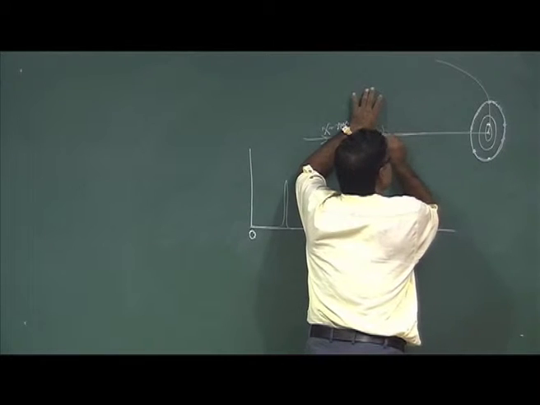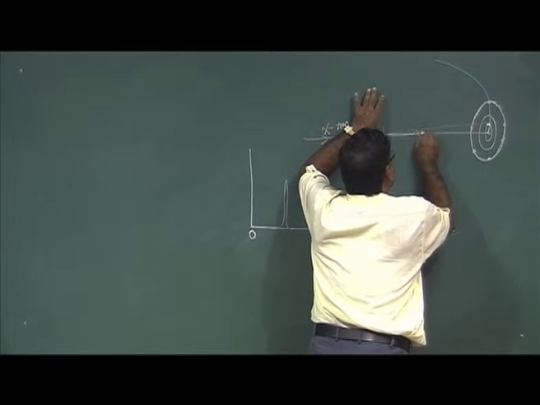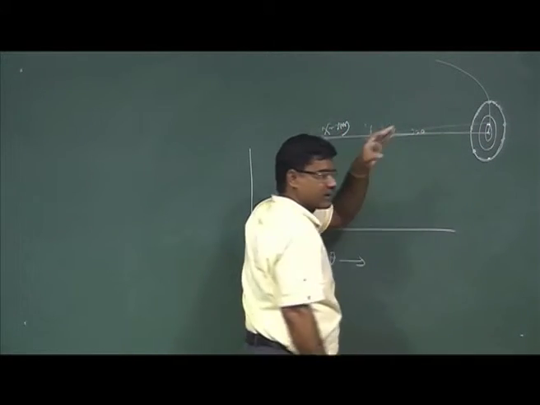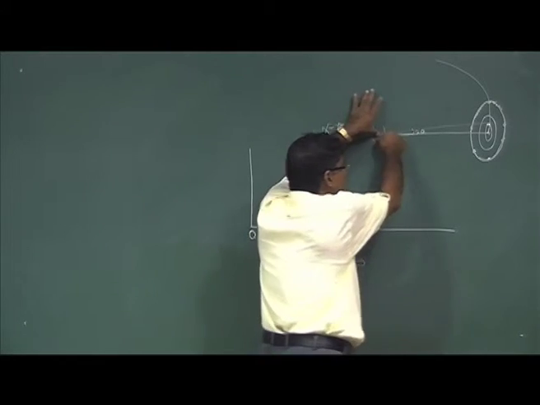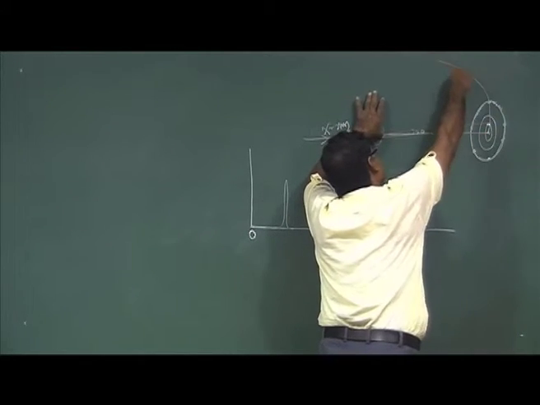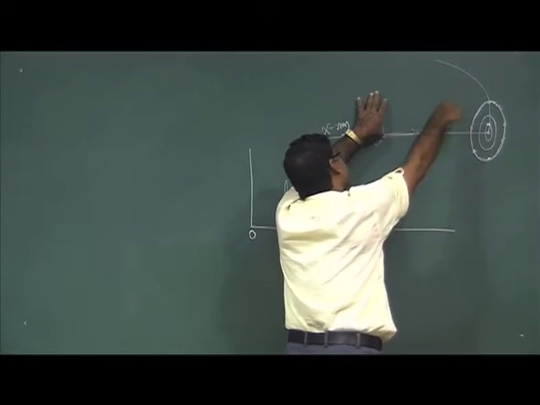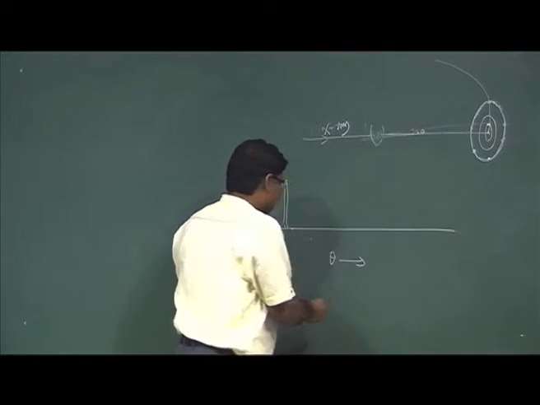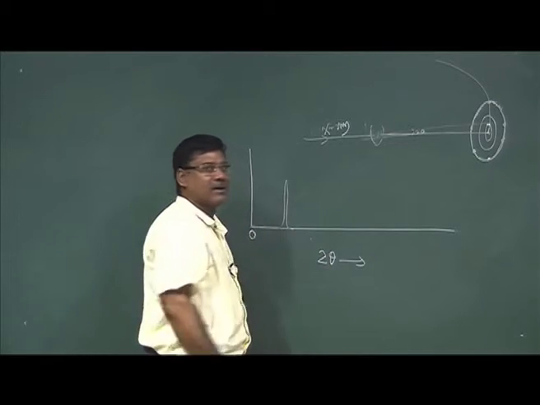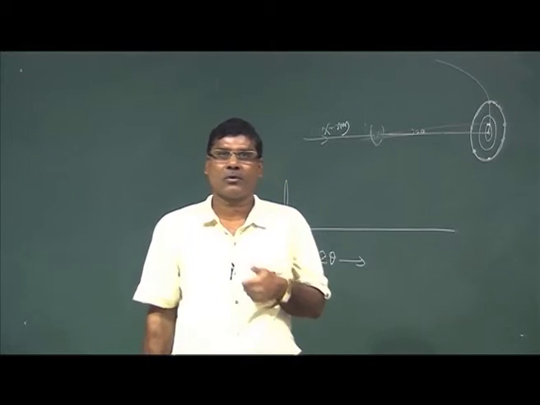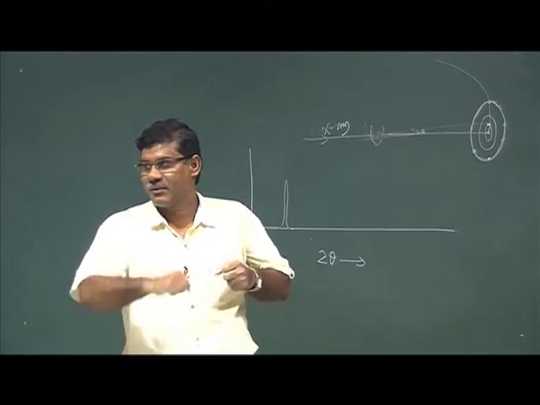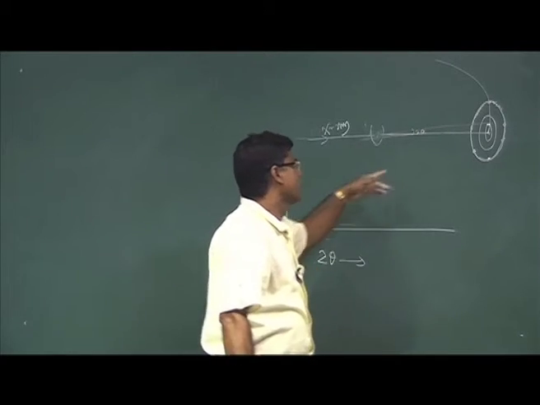So the angle is 2 theta, this angle is 2 theta. The detector is also moving by 2 theta. That is why, generally, in all cases we plot not theta, it is 2 theta. When the detector is moving, it is 2 theta.